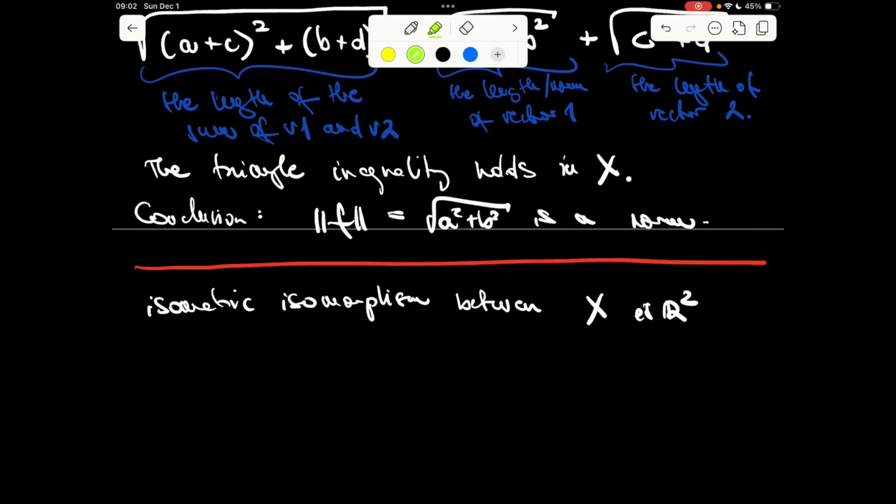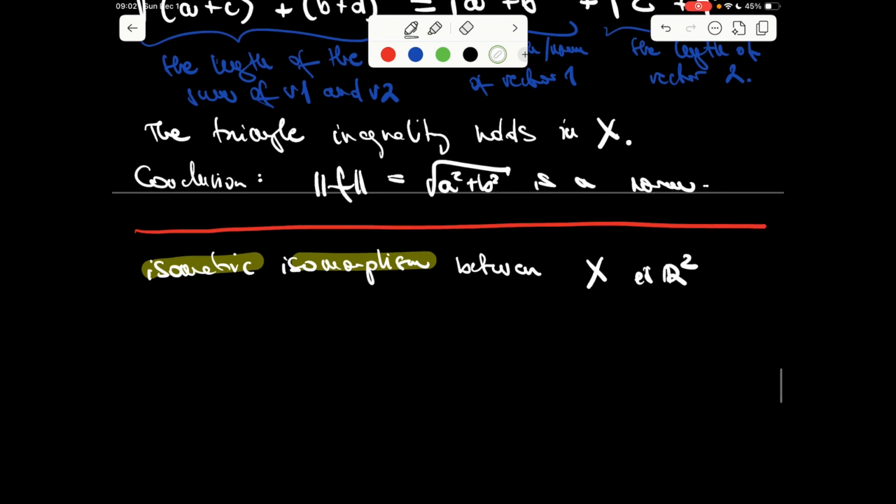How to do this? We have two new concepts, isometric and isomorphism. So we need to try to understand these two concepts.